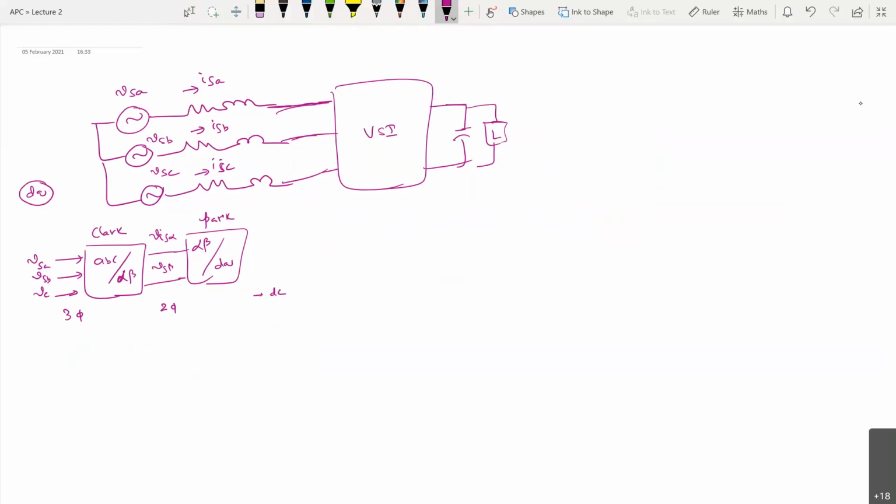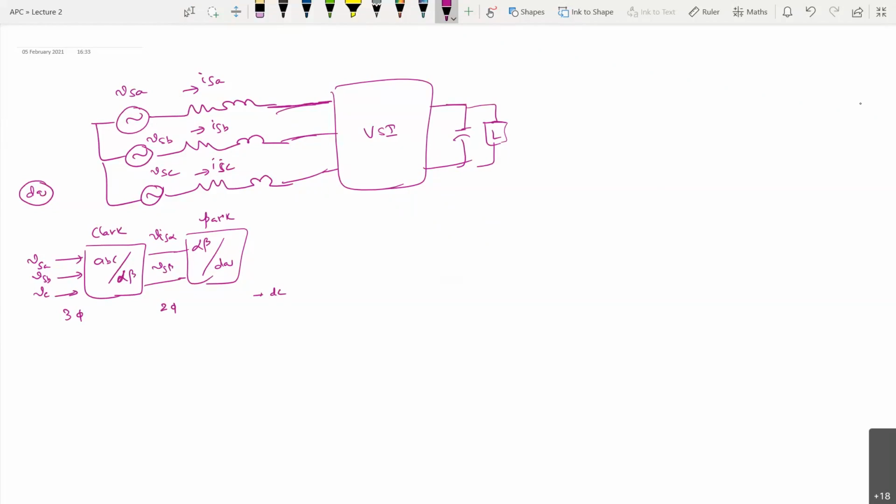How is that theta obtained? Theta is the integral of omega. But how is that omega obtained then? Tan inverse of V beta by V alpha? That does not give you omega, right?